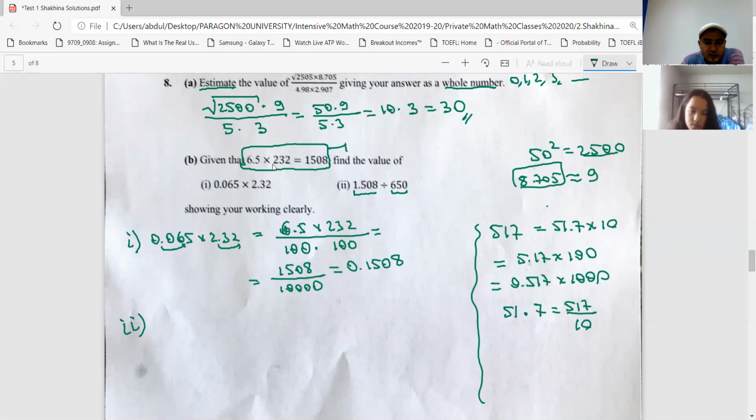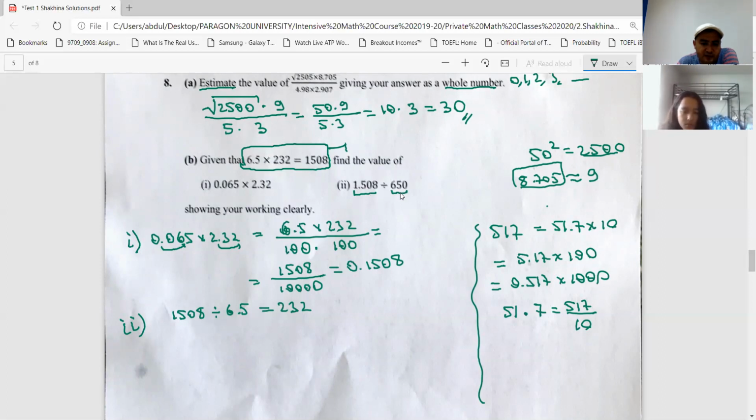I can write 1508 divided by 6.5 is equal to 232, because 6.5 times 232 equals 1508. If you divide both sides by 6.5, we will get 232 on the right hand side. So now we need to find this thing.